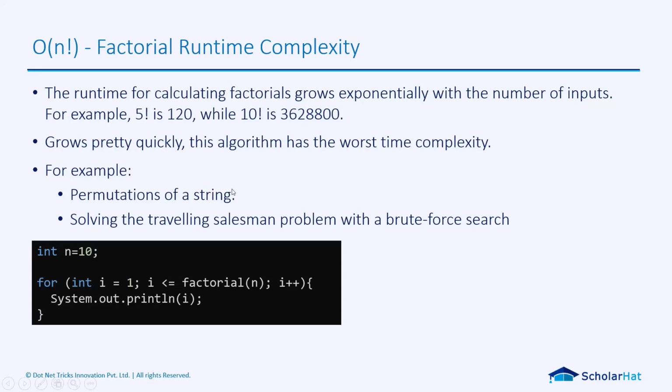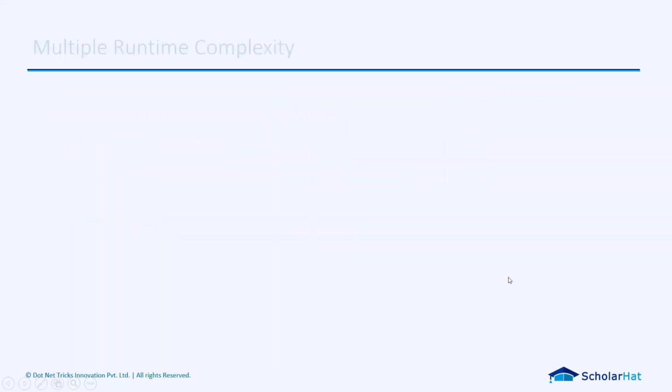For example, we use permutations of a string, solving the traveling salesman problem with brute force search. These things are going to use this factorial n complexity. So you can see the condition is factorial of n, and this is going to be there. We'll understand this one also when we take these examples, and you'll understand better.